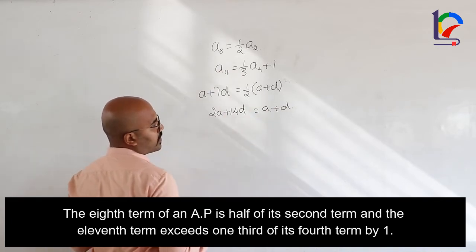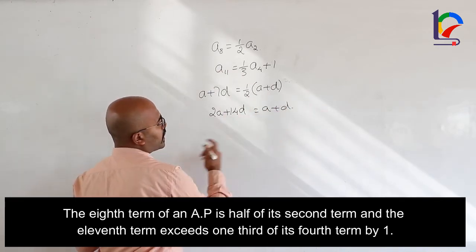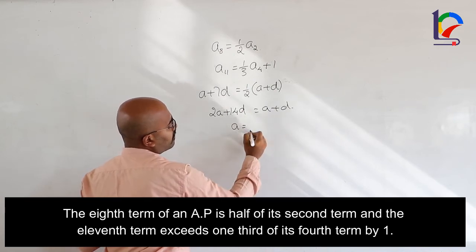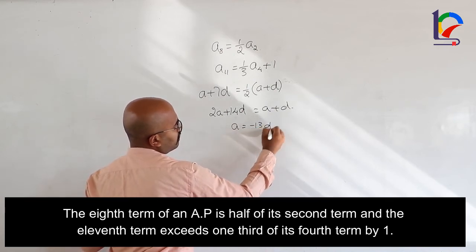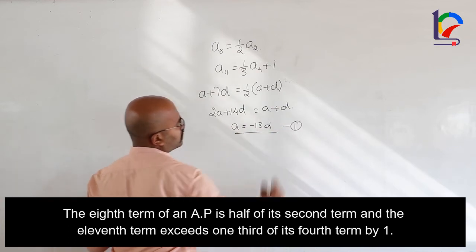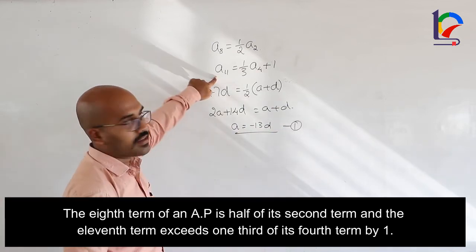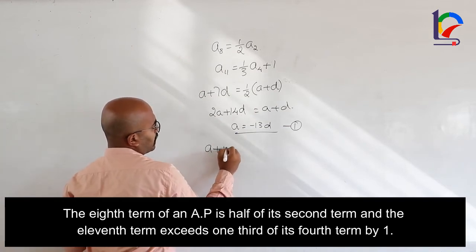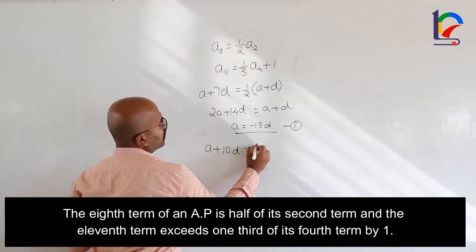I take a to the LHS and 14d to the RHS. So a is equal to d minus 14d, which is minus 13d. This is equation 1.